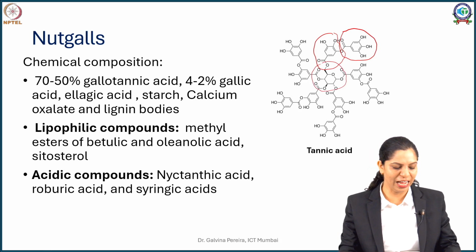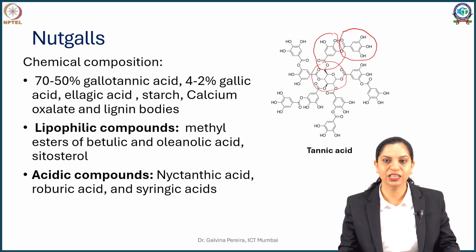So you get a lot of gallotannic acid, and if you see the chemical composition of galls, approximately 50 to 70% of the chemical composition of gall is chiefly gallotannic acid. Then you have a few monomeric gallic acid up to 2 to 4%, ellagic acid, starch.